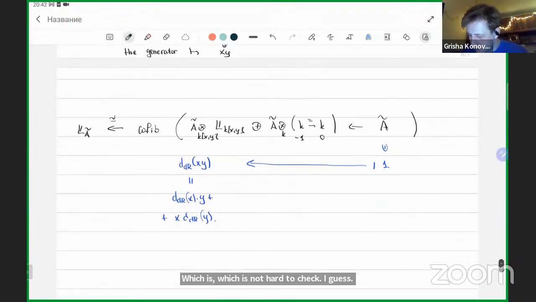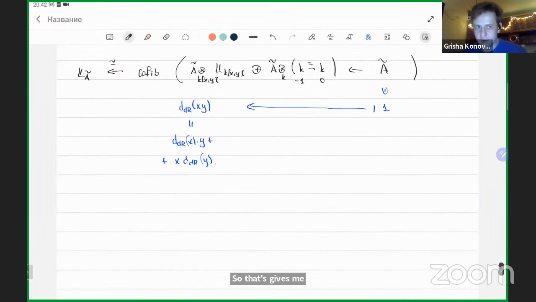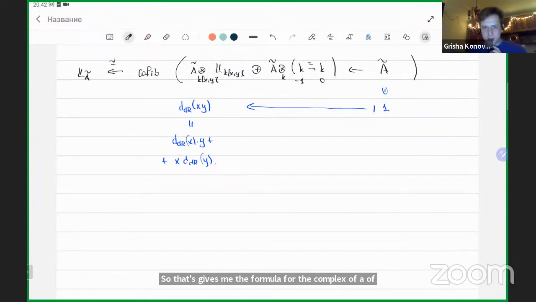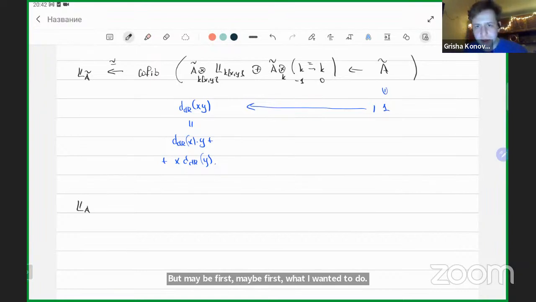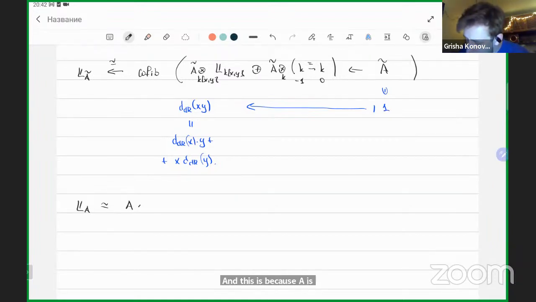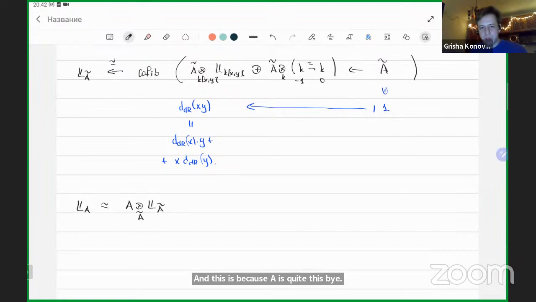So that gives me the formula for the cotangent complex of A tilde. But maybe first what I actually wanted to do is to compute the cotangent complex of A. And this is because A is quasi-isomorphic to A tilde. It is given by this formula.